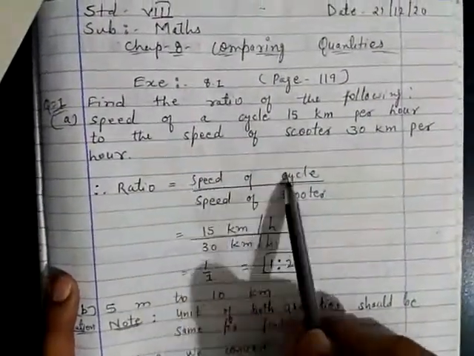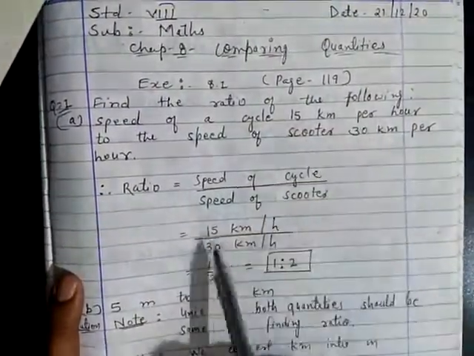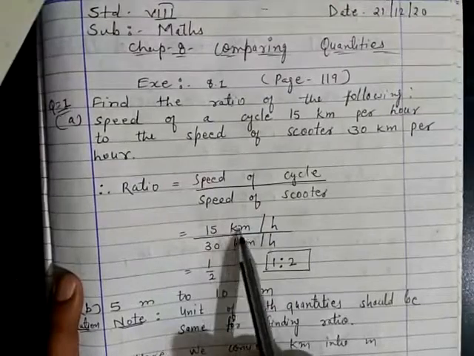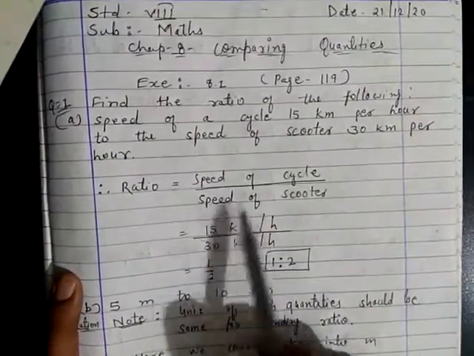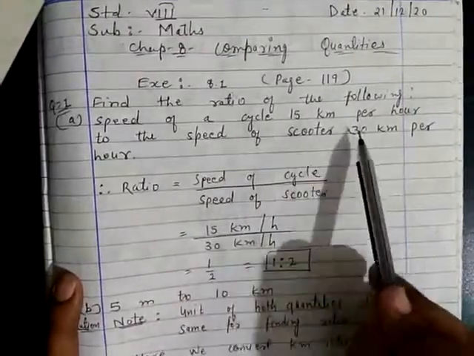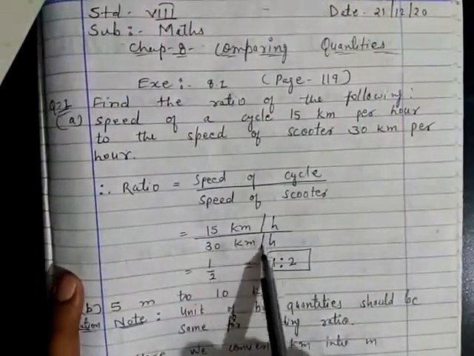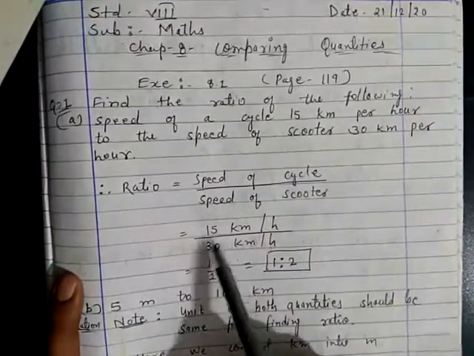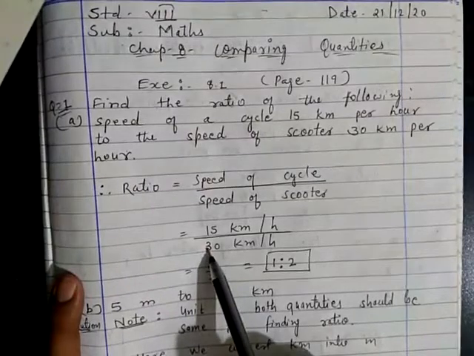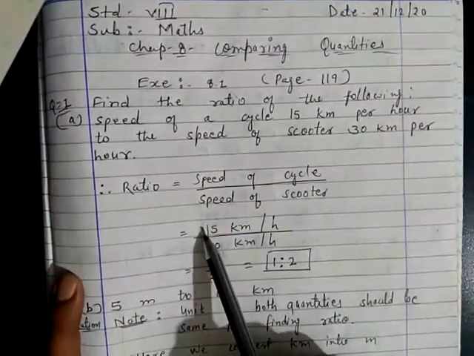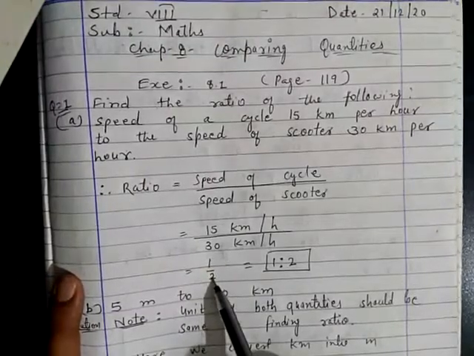The speed of cycle is what? See, the speed of cycle is 15 km per hour, so we write here 15 km per hour, upon speed of scooter. What is the speed of scooter? 30 kilometer per hour. So we write here 30 kilometer per hour. Now see here 15 to the 30, so 1 upon 2. 1 upon 2 is the fraction form.